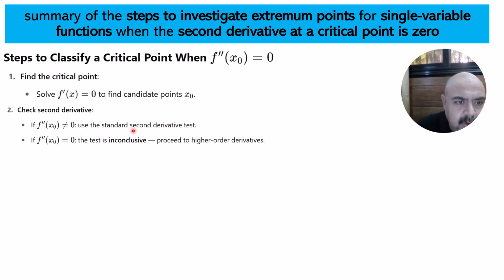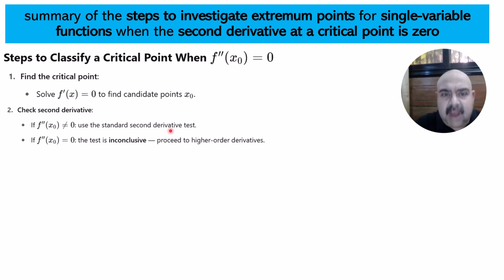I'm sorry, if f double dash x is negative, which is less than zero, you will have a maximizer. If it's greater than zero, you will have a minimizer.